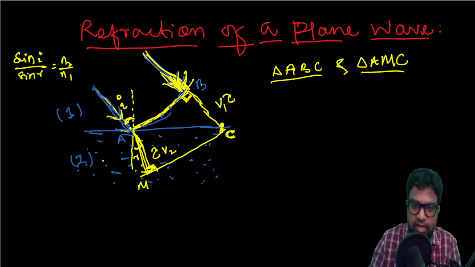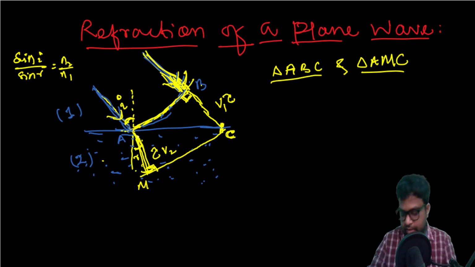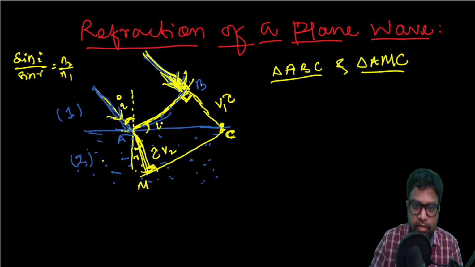If this is i and this is r, this is 90, so can you write that this angle is also i? And why can you write this i? Because this one is 90 degree.